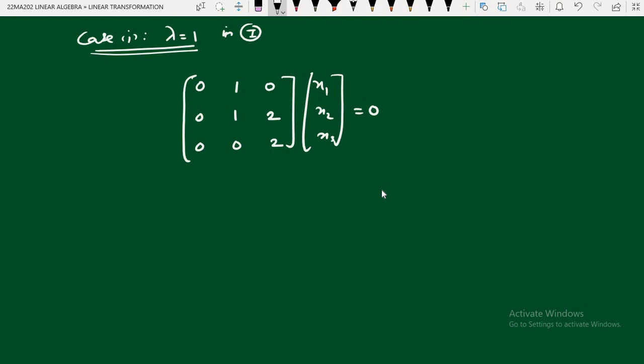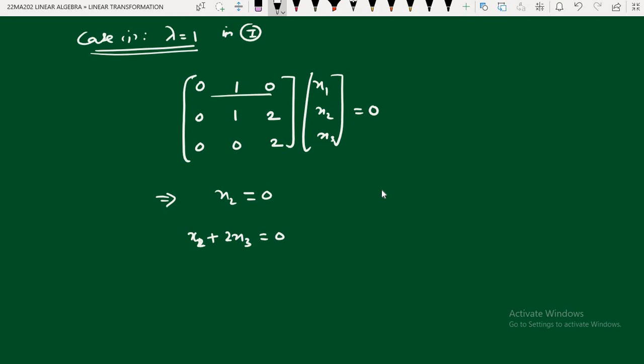Now create the equations from this. The first equation: 0 into x1 plus 1 into x2 plus 0 into x3, so simply x2 equal to 0. Next equation: 0 into x1 plus 1 into x2 plus 2 into x3 equal to 0.